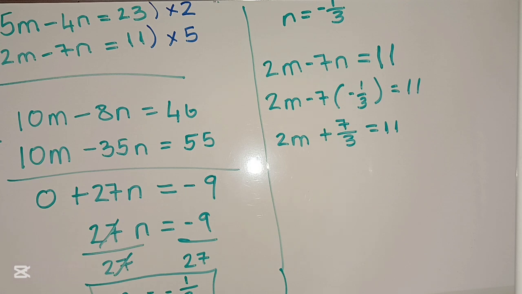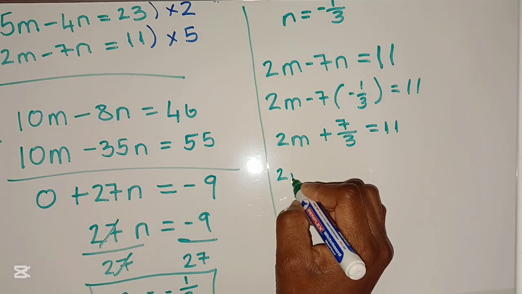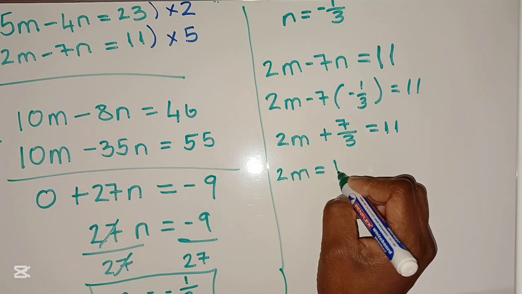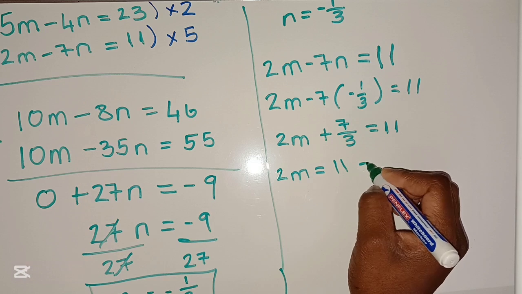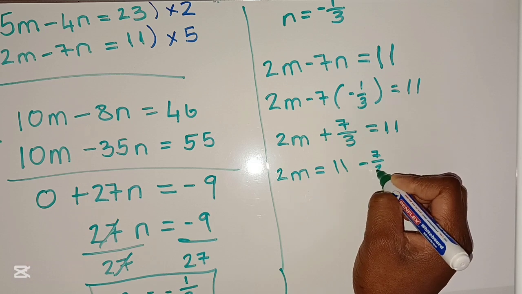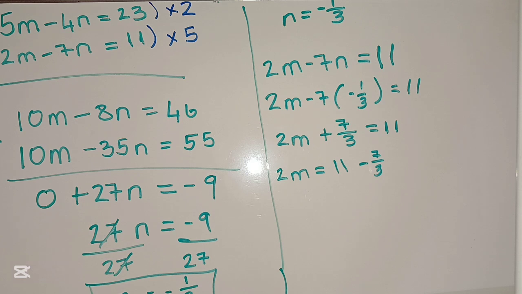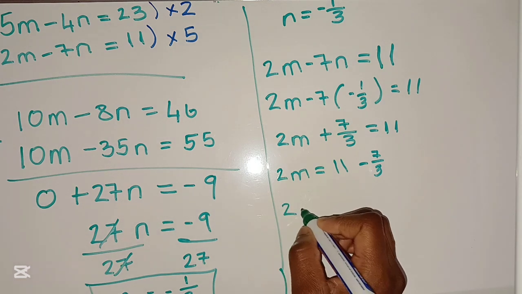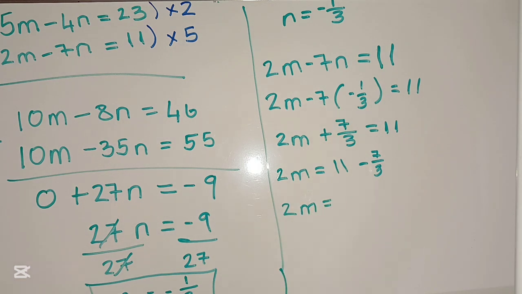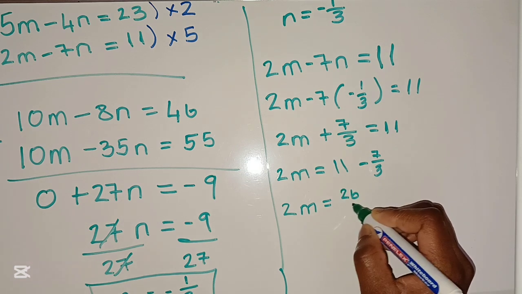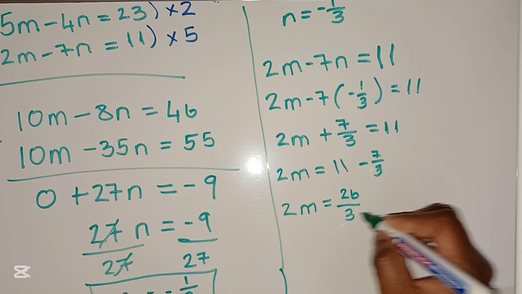Let's isolate our variable. 2m equals 11 minus 7 over 3, because I'm bringing it this side. 2m equals 11 minus 7 over 3, which is 26 over 3.